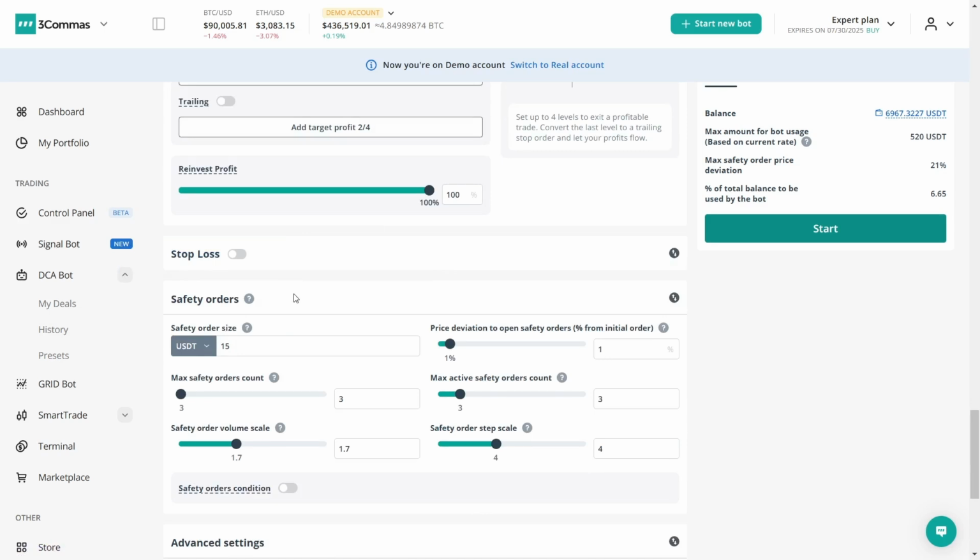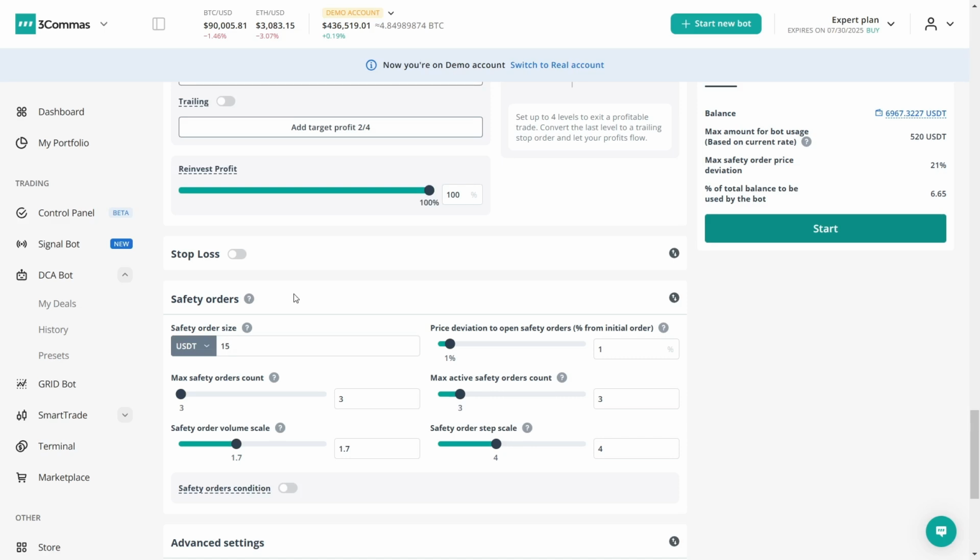DCA, or dollar cost averaging, is a trading technique that allows you to buy more of the asset you are trading when the price goes down. Thus, you are reducing your average buy price and reducing your loss.